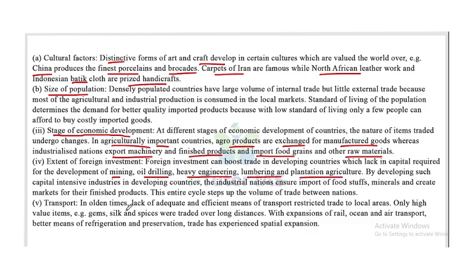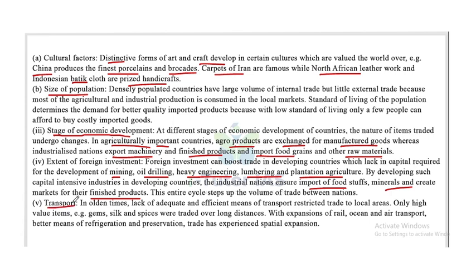By developing such capital intensive industries in developing countries, the industrial nations ensure import of foodstuffs and minerals, and create a market for the finished products. This entire cycle steps up the volume of trade between nations.